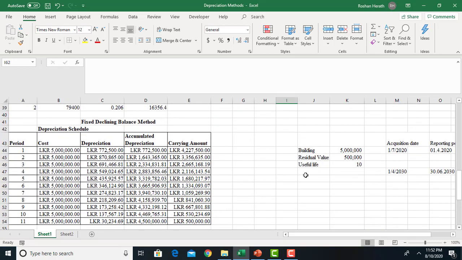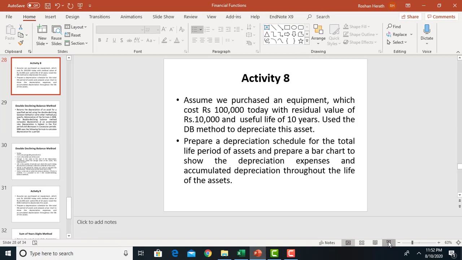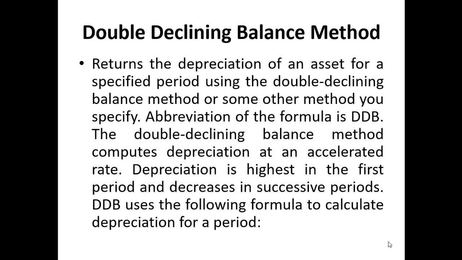Okay. So now let's move on to the double declining balance depreciation method. This is also another variation of the declining balance method. Earlier we discussed the fixed declining balance method. Now we are going to discuss the double declining balance method. What is that?